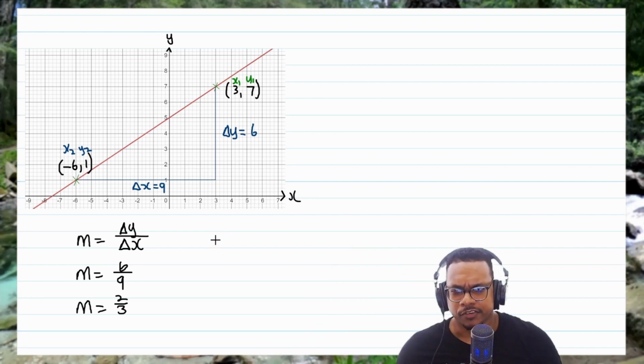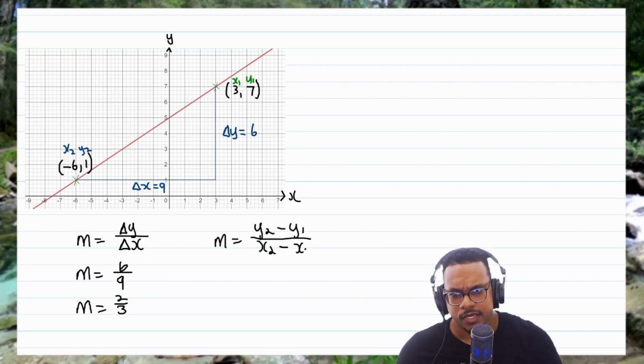So we can write the formula for gradient like this. Gradient is equal to y2 take away y1 divided by x2 take away x1. So we'll have m is equal to y2, which is +1, so we have 1 take away y1, which is 7, divided by x2, which is -6, so we have -6 take away x1, which is +3.